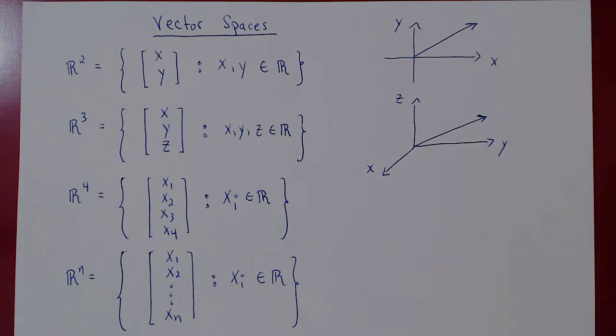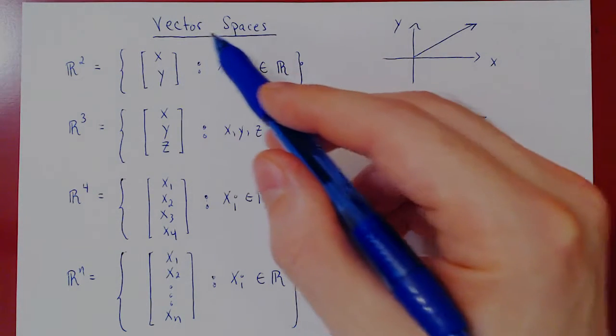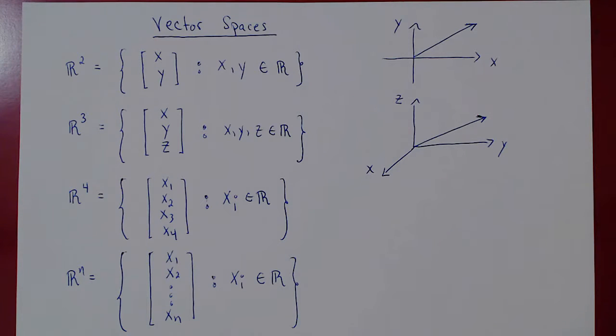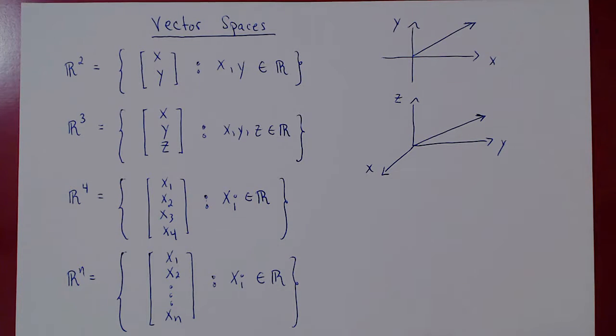The only question is now, what is the algebraic extension? What kind of algebraic properties, rules, will allow us to consider more general spaces of elements as also spaces of vectors? And we will call these vector spaces. The question is now, what kind of algebraic rules will we need to be able to think of certain elements as actual vectors?